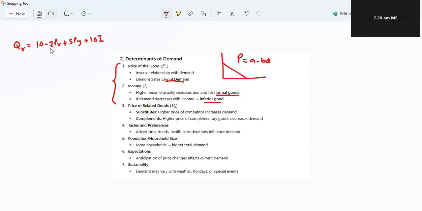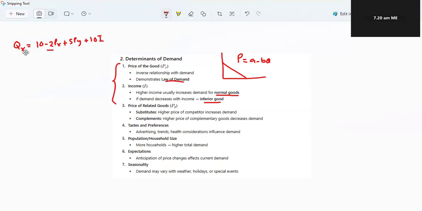Number one, when you see this good X and Y have different signs here, just know that these ones are competing goods. Okay. So what does the coefficient here of -2 imply?